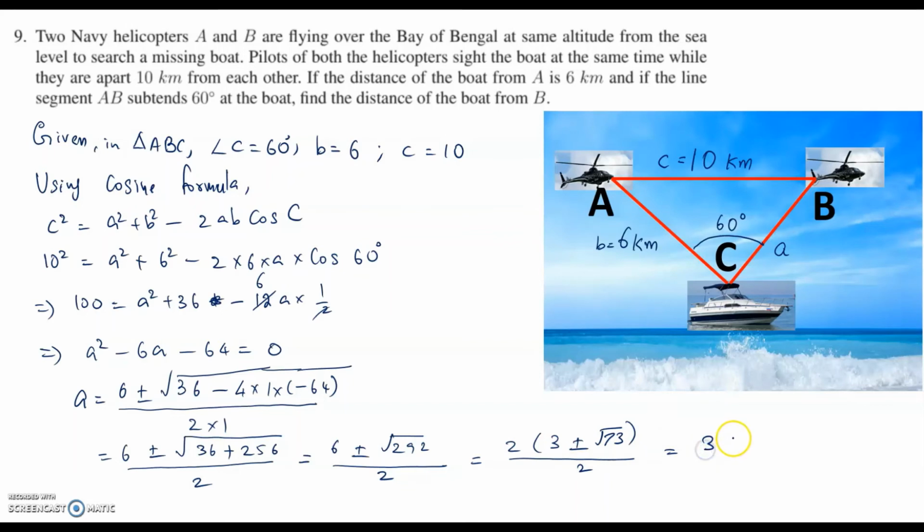Which is equal to 3 plus or minus root of 73.